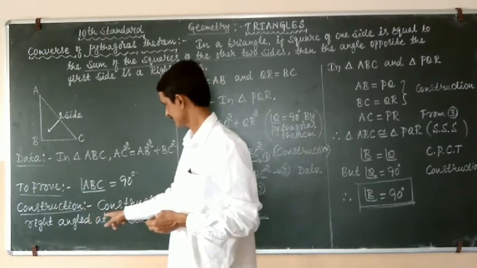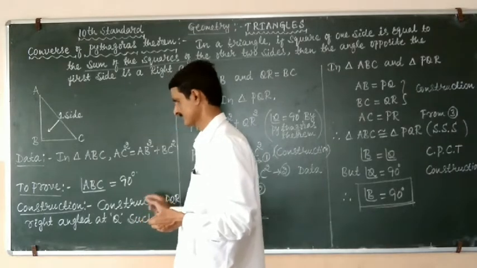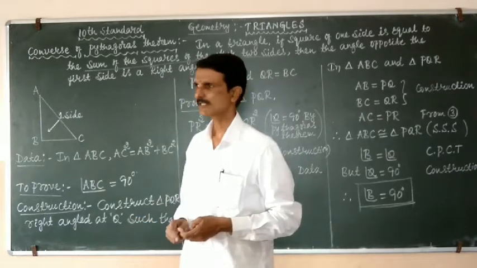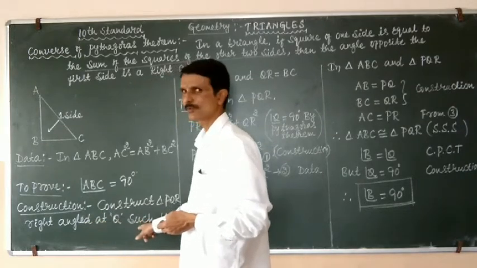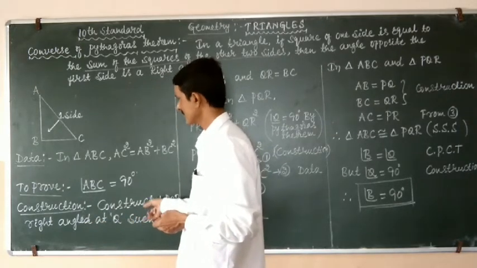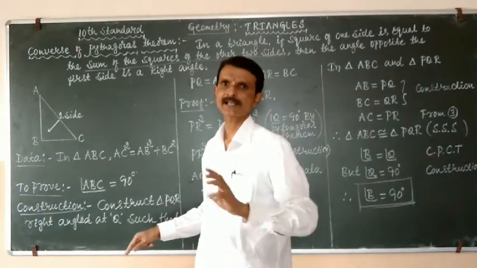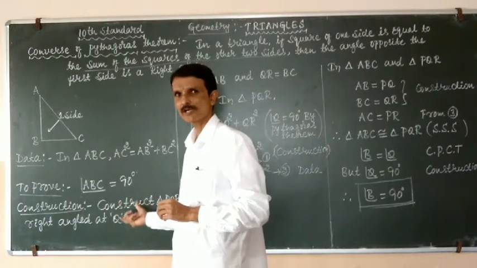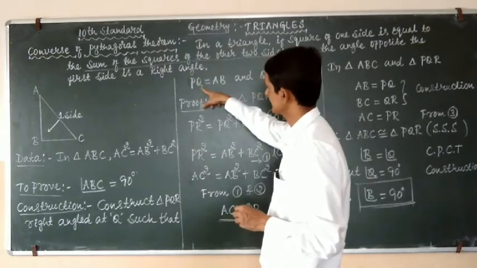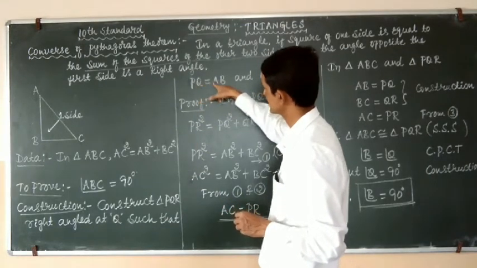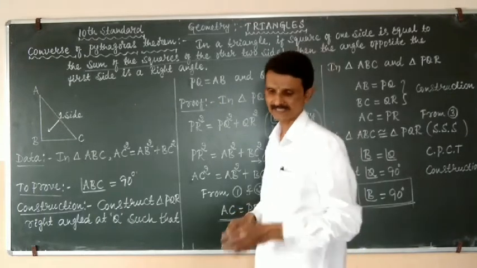What we have to construct? Here we have to construct another triangle PQR, right angle at Q. That means we have to take a right angle triangle such that the length of the side PQ is equal to AB and QR is equal to BC.